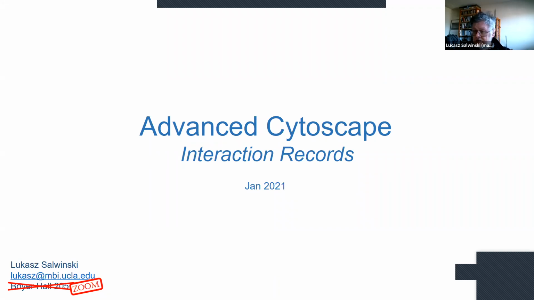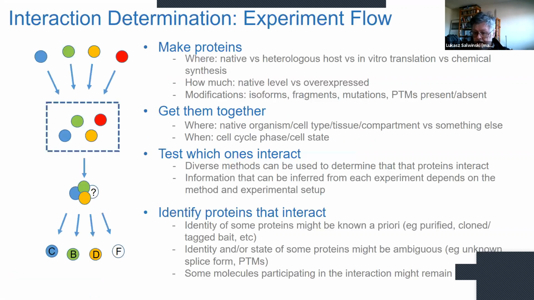So let's see what goes into the records that Psychic is getting us. Well, in general, there's information about experiments that are used to identify that two or more proteins interact with each other, and the description more or less follows a very generic description of experiments that are performed to identify interactions.